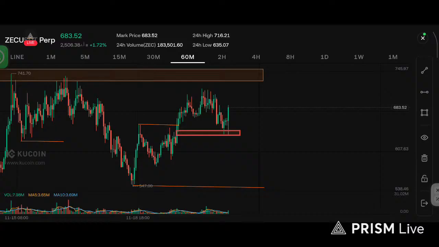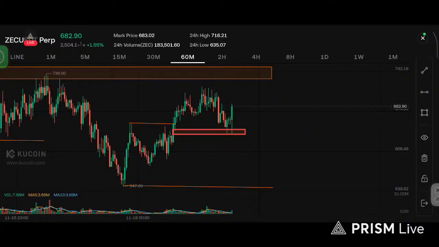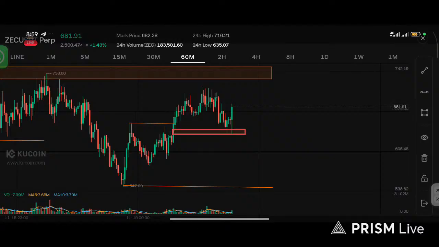So now that the price has tapped the fair value gap, it gives us an imbalance. This support zone is very nice right now, and I believe you can see it.